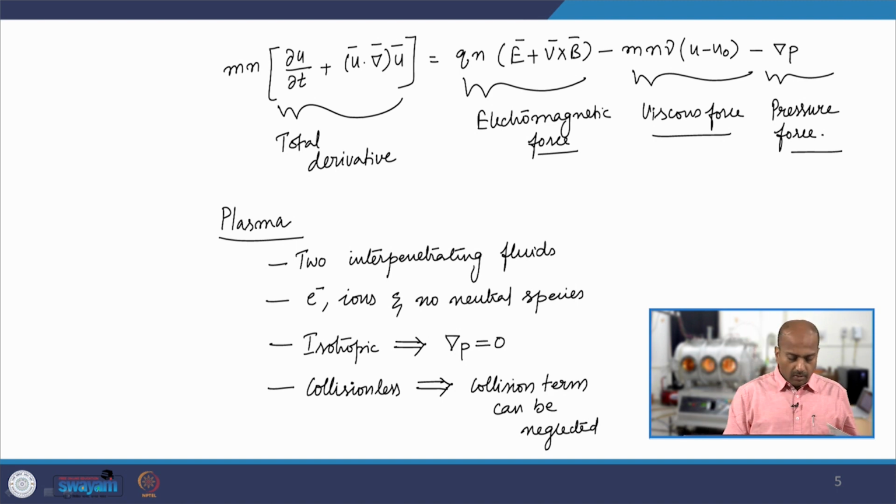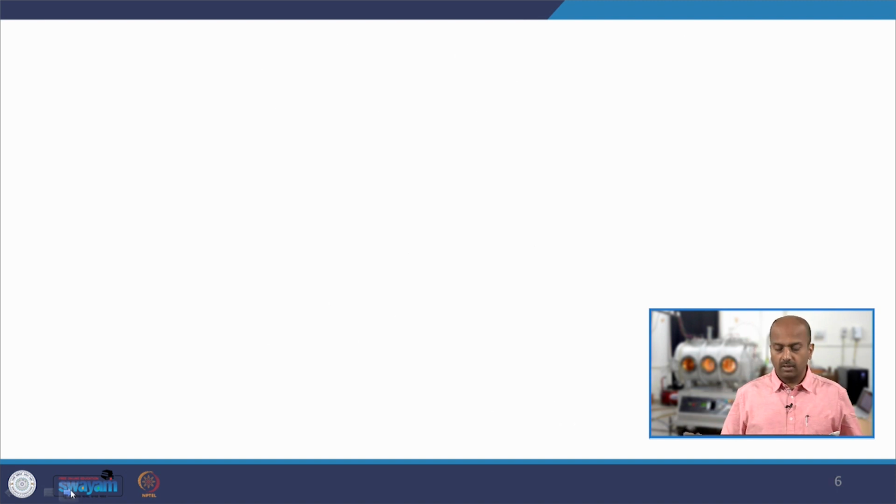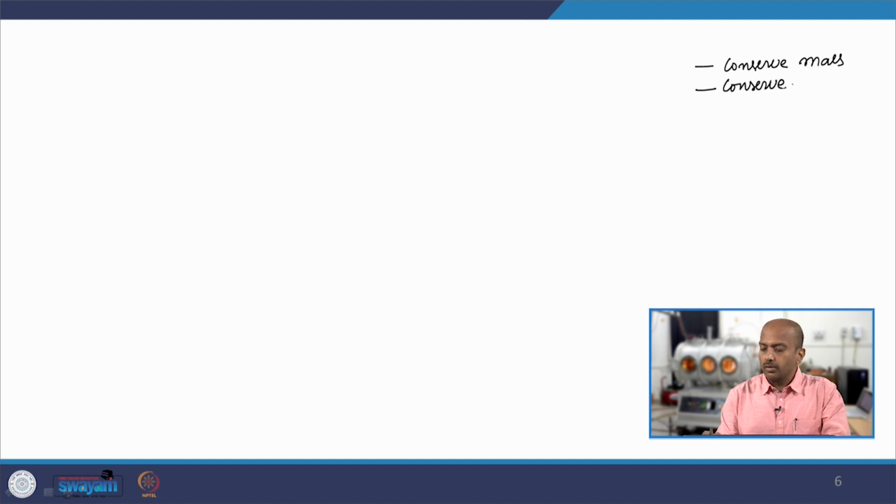Now, intuitively we can make a guess at how many equations, or what the equations are, that we want to involve. Let us say we want to conserve mass, we have to conserve mass when the fluid moves from one place to another place. We have to conserve momentum, right?